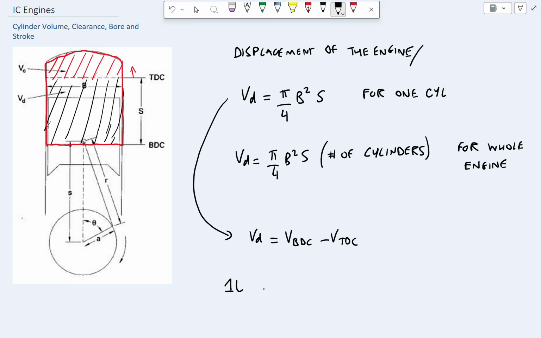Typically the volume is given in liters if we're using SI units, but this can be converted to 10 to the minus 3 meters cubed, which can be converted to 10 to the 3 centimeters cubed, and which can be converted to 61 cubic inches. So there are a lot of different ways to convert, and we can look at the sizes in terms of conversion like this.